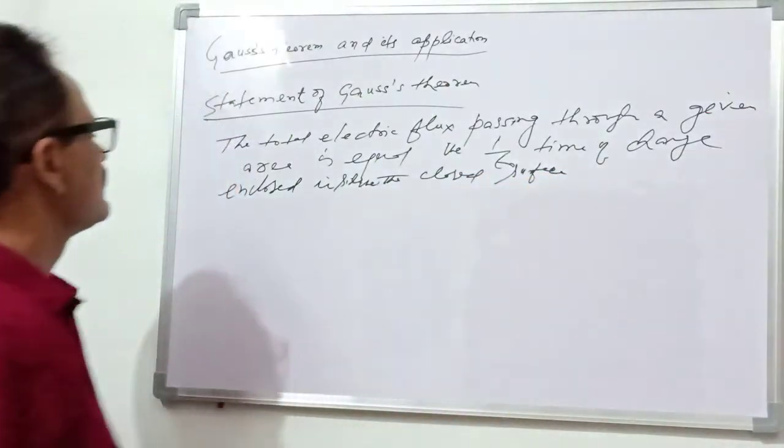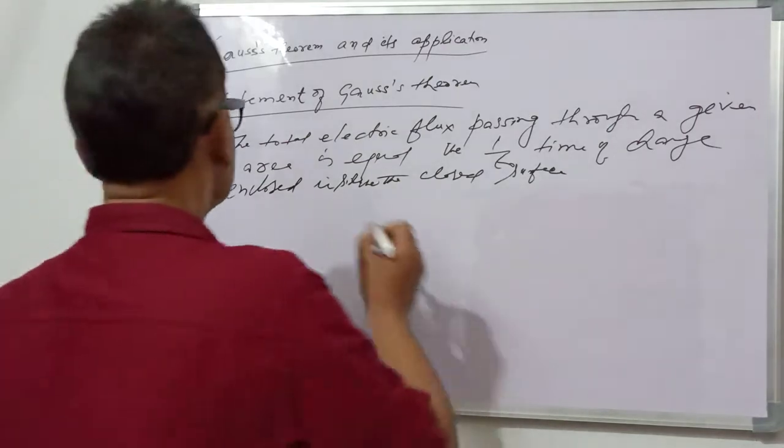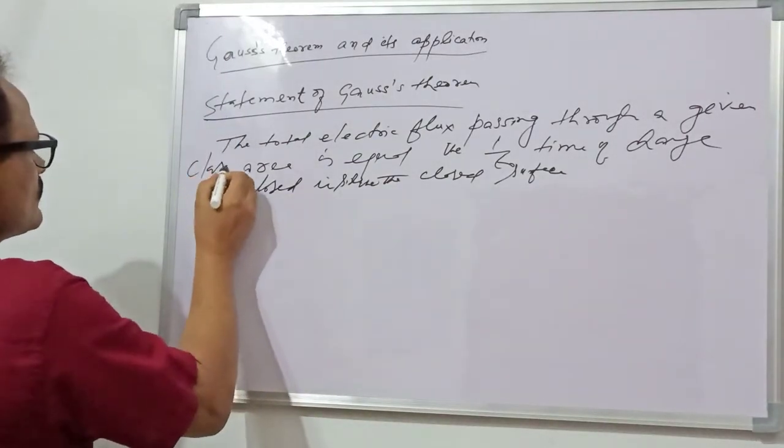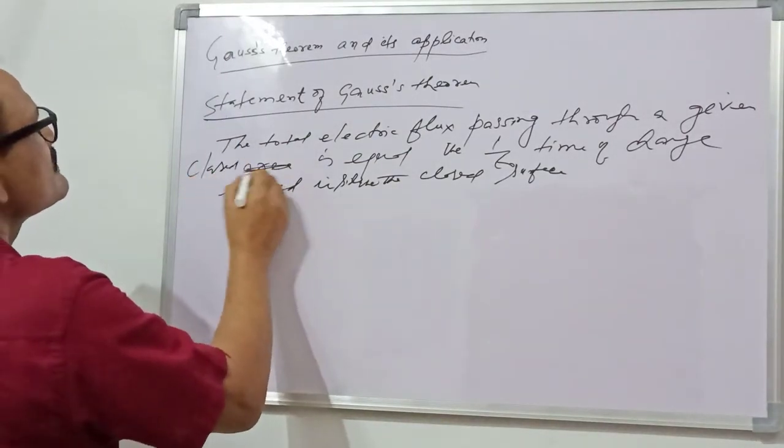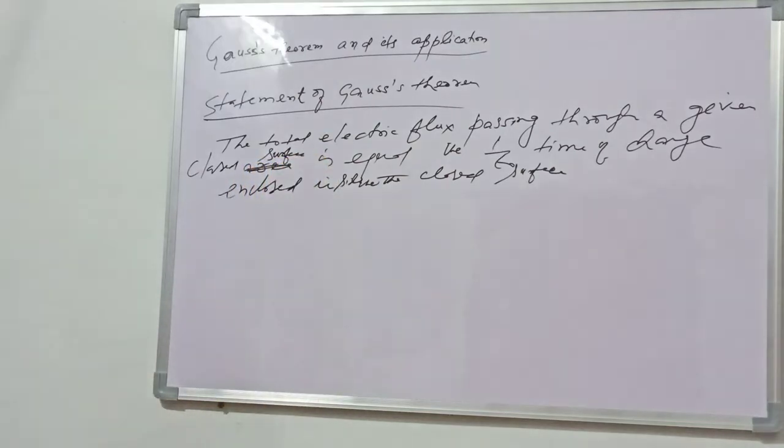Here again I am repeating: the total electric flux passing through a given closed surface is equal to 1 by epsilon times the charge enclosed inside the closed surface.